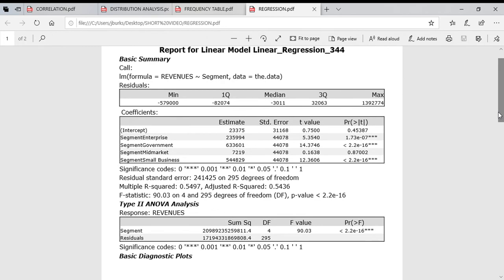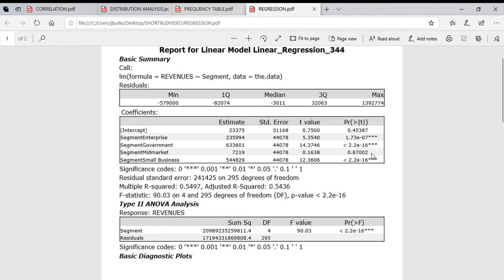And then when I look at the actual values, what you want to do is look at your significant codes, and if it has 3 stars, it's letting you know that these coefficients are statistically significant. And as you can see, the enterprise, the government, and then the segment small business are statistically significant.